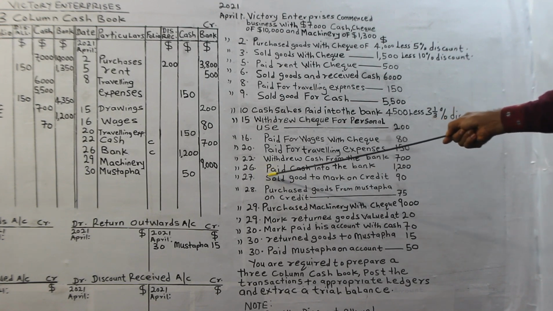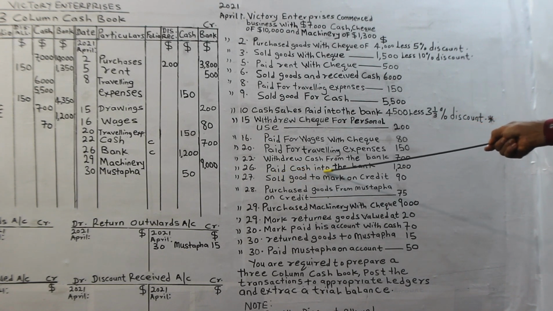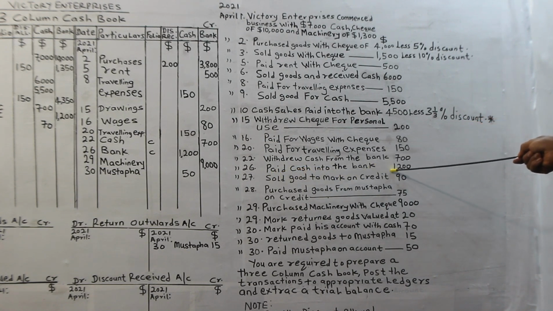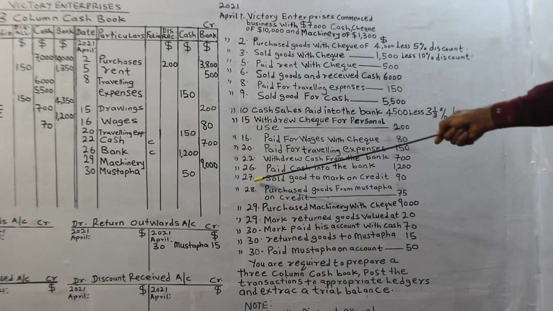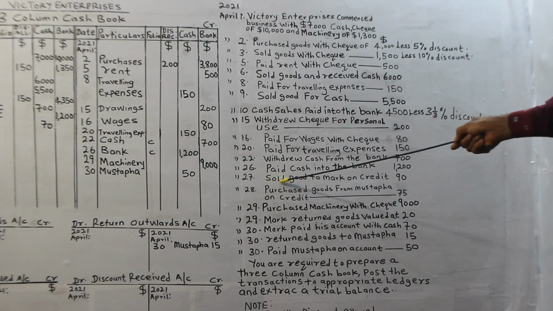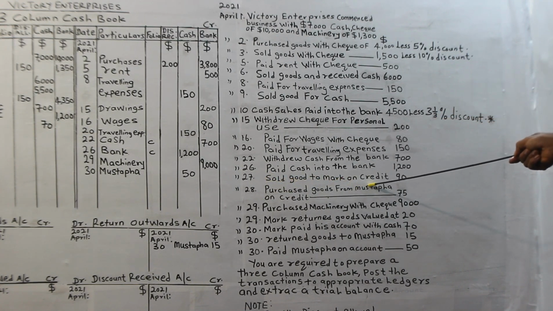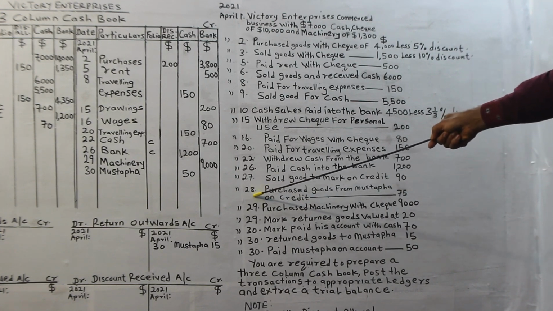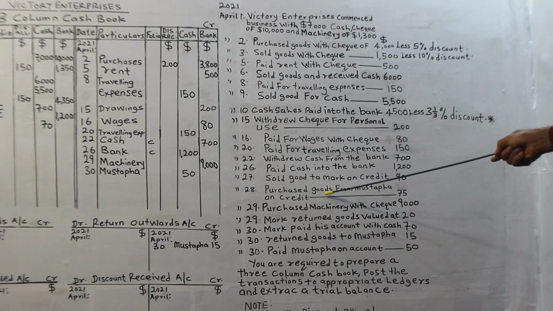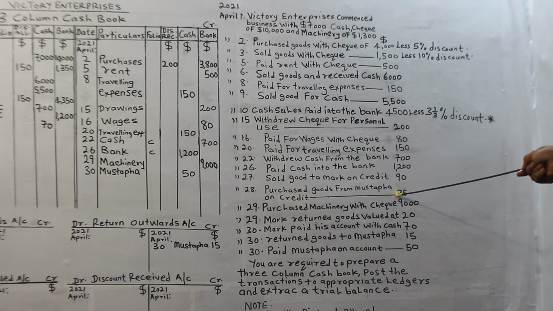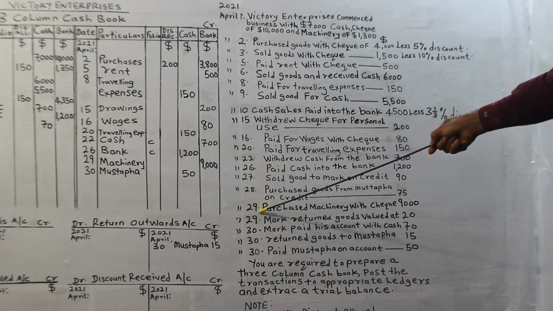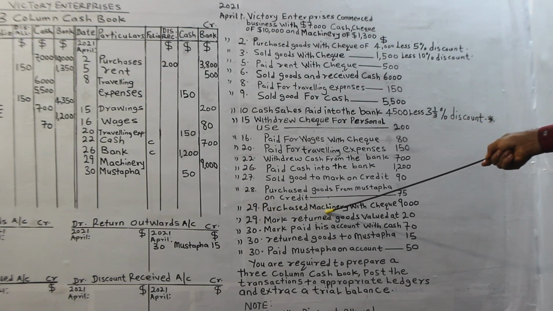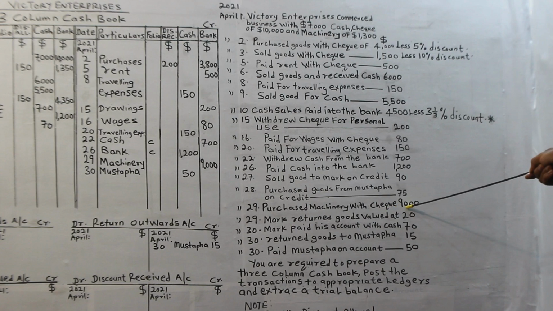April 26th, paid cash into the bank $1,200. April 27th, sold goods to Mark on credit $90. April 28th, purchased goods from Mustafa on credit $75. April 29th, purchased machinery with check $9,000.